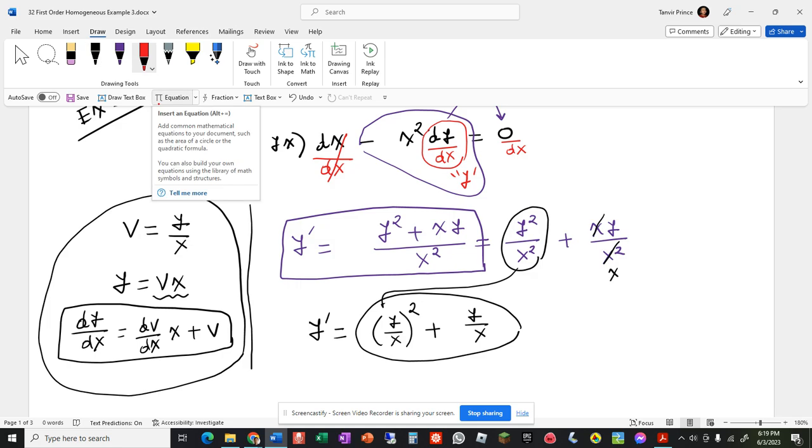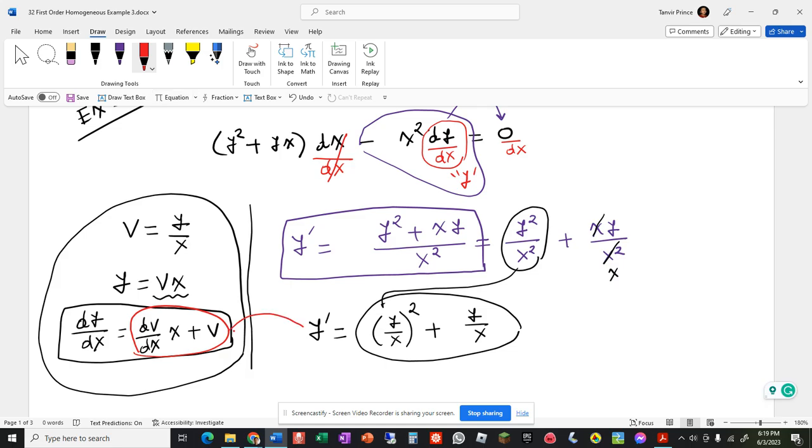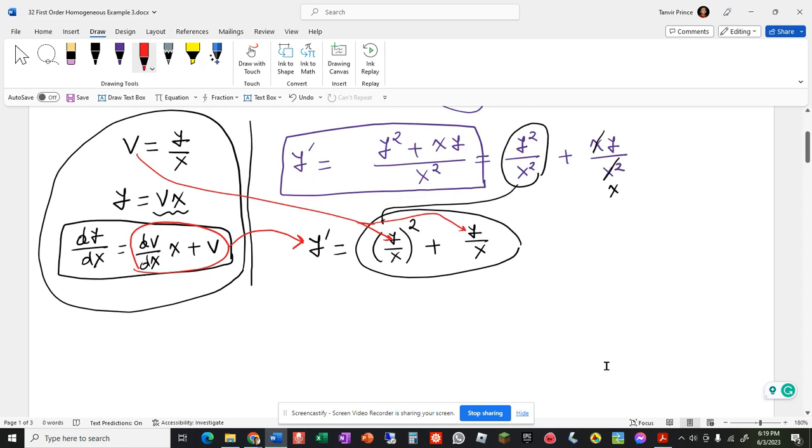So just a repetition. Of course you're going to substitute in place of y prime. I'm going to substitute this, and in place of y over x you substitute v. So let's do that.